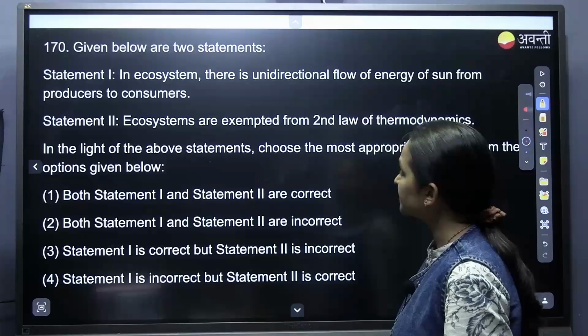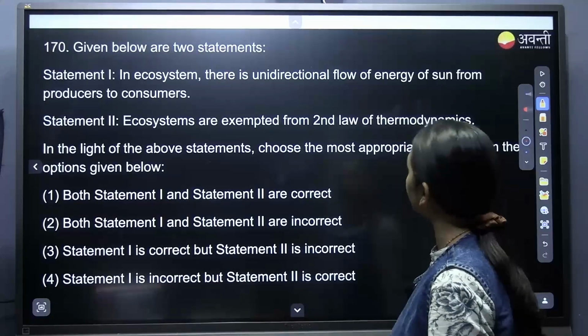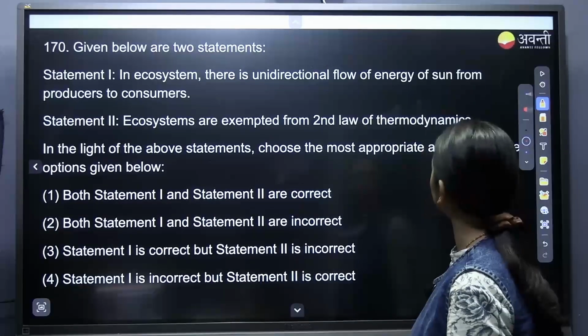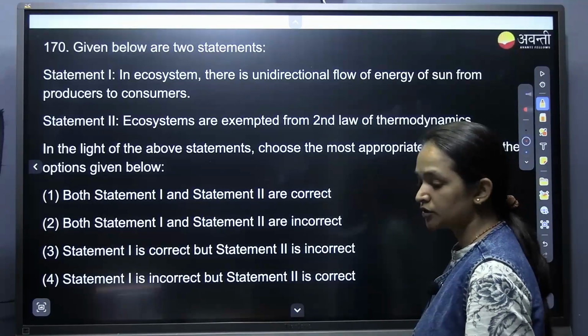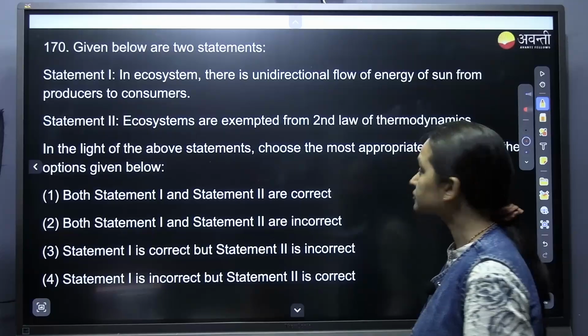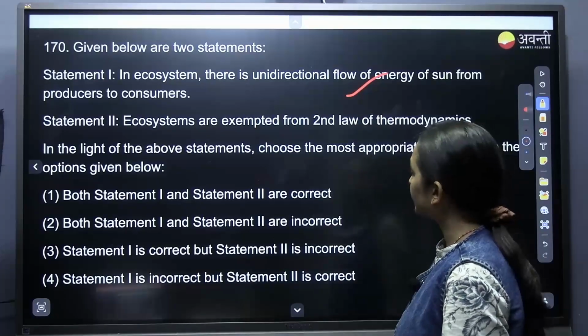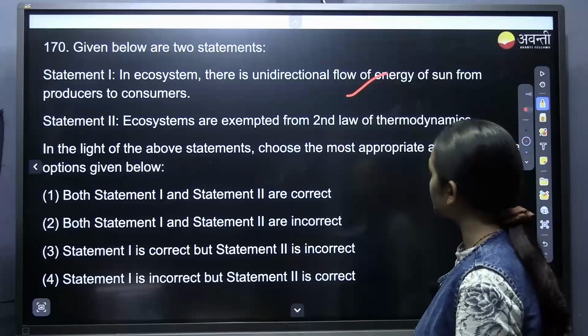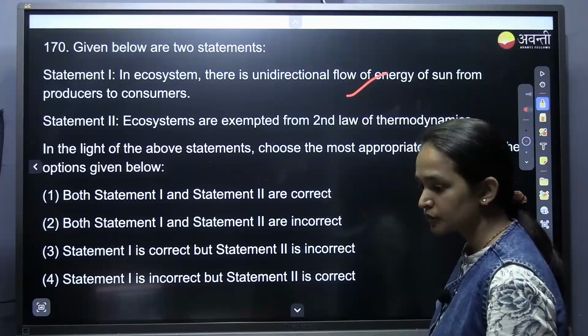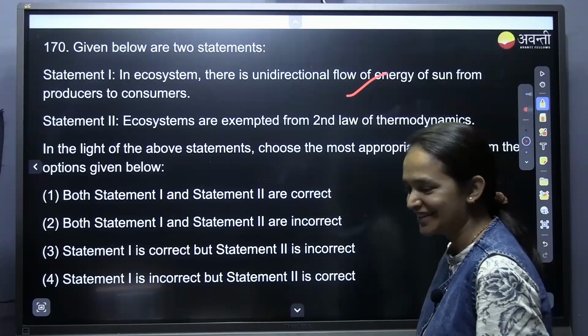Given below are two statements. Statement 1, in an ecosystem there is a unidirectional flow of energy from the sun, from producers to consumers. Statement 2, ecosystems are exempted from the second law of thermodynamics.